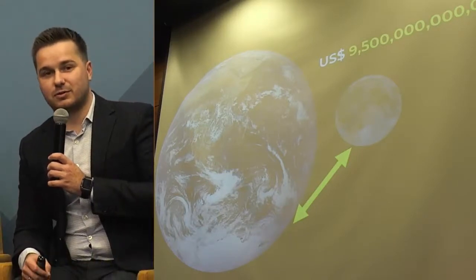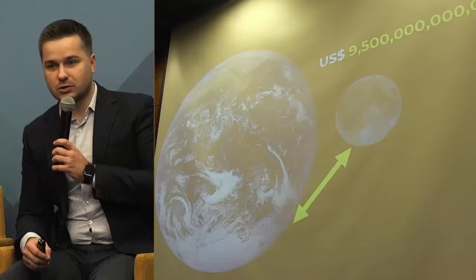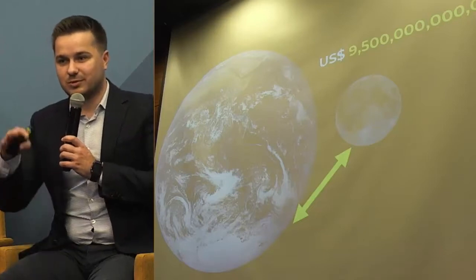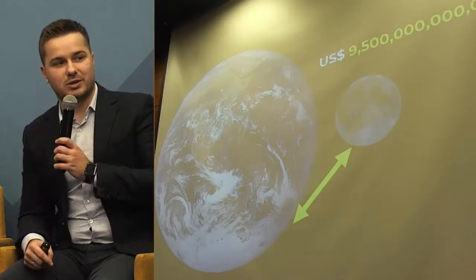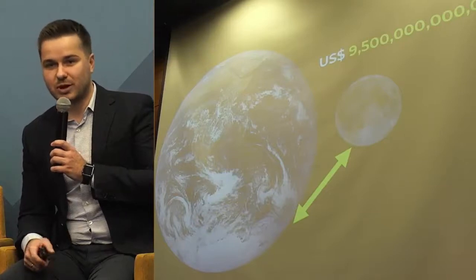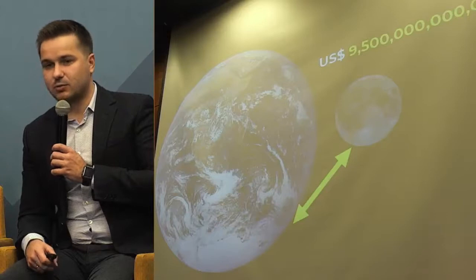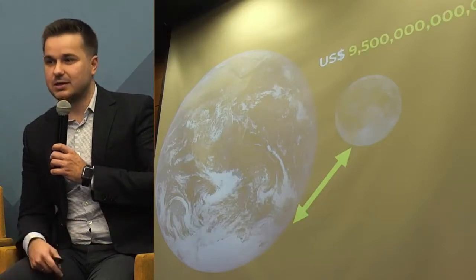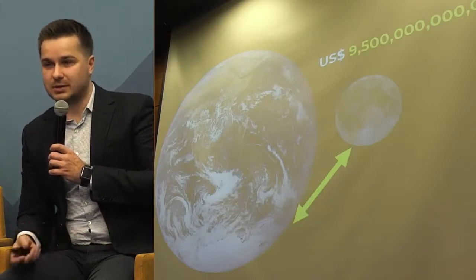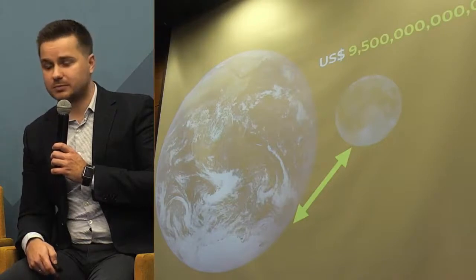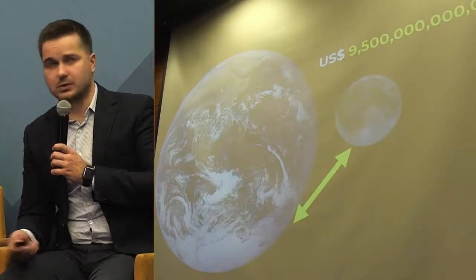If you took $100 notes and put them one by one, it would be like going to the moon and back. So it's a huge amount of money, and in fact, we lack transparency and visibility in public procurement.